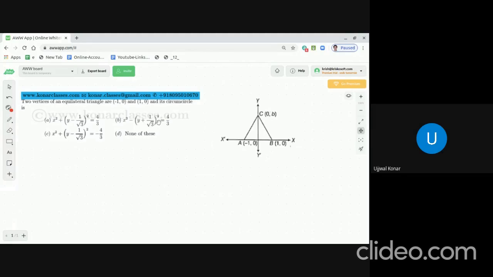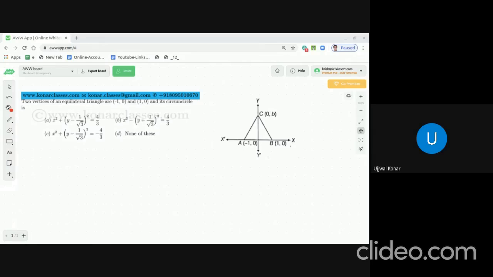Because the two vertices A and B are -1, 0 and 1, 0 respectively, the point C will be on the y-axis and have the coordinate 0, b.